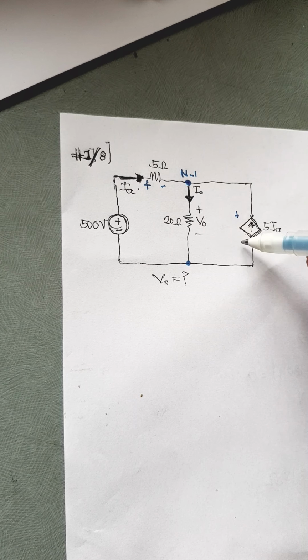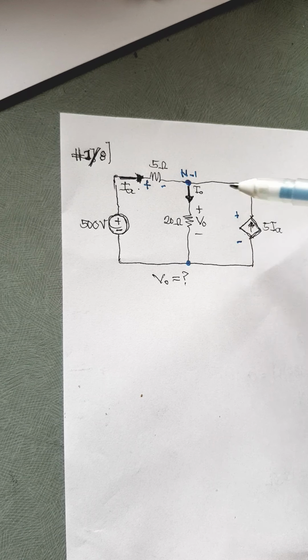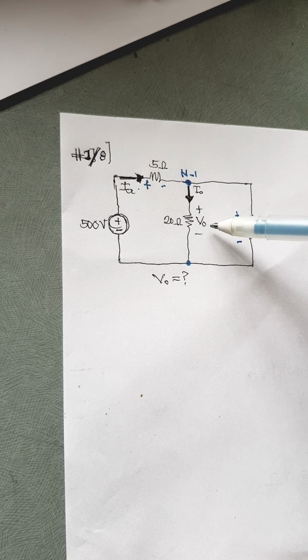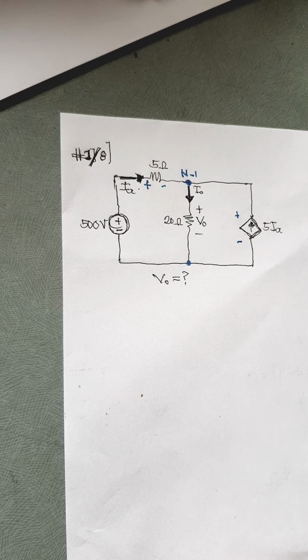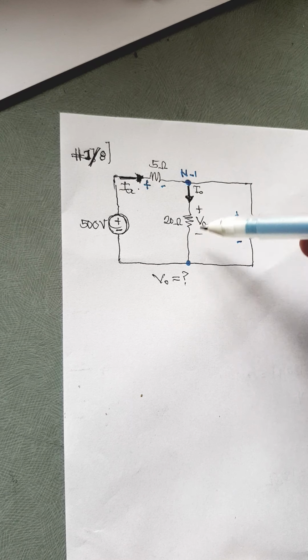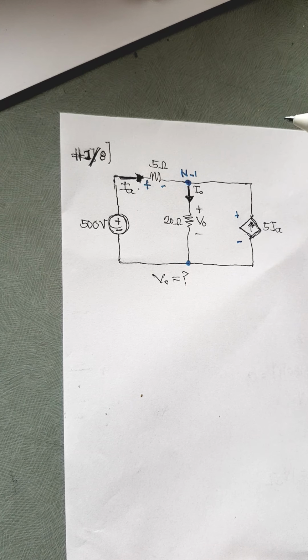So this should be positive and this should be negative. And this is also VO. The voltage across 5 times IA is also VO since they are in parallel. The current flowing through this branch is 5 times IA, and the current flowing in the middle branch is IA. It's actually going IO, and it's going down.